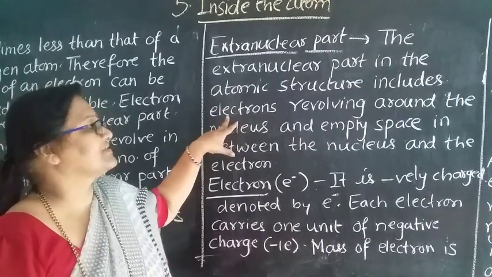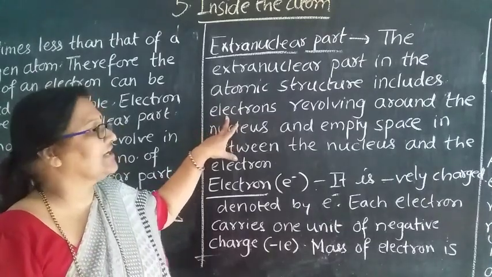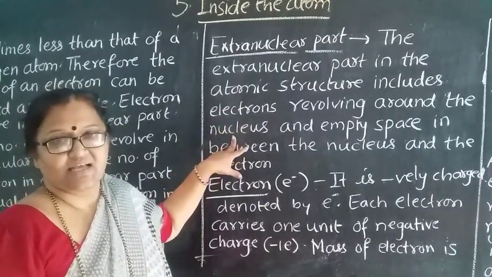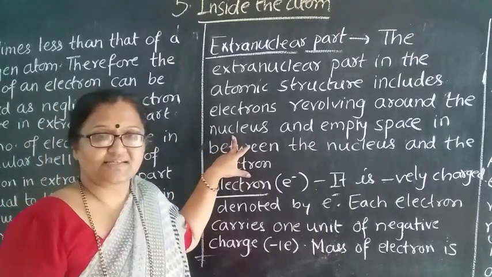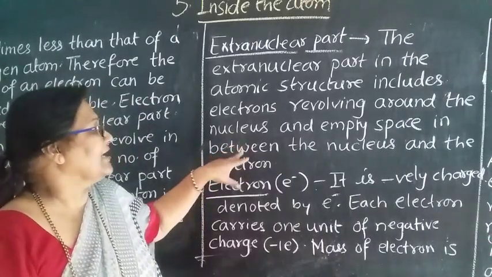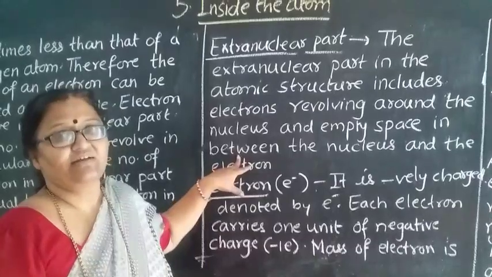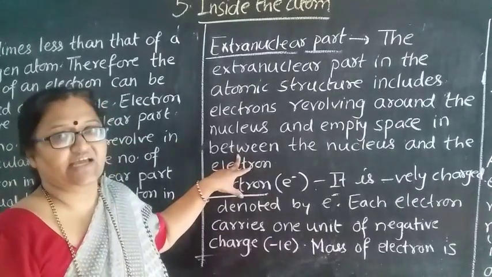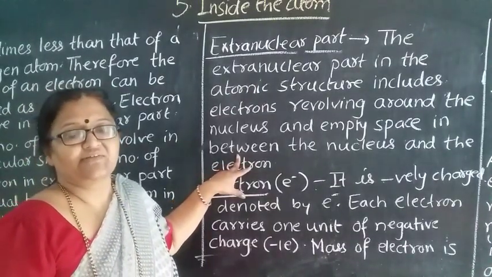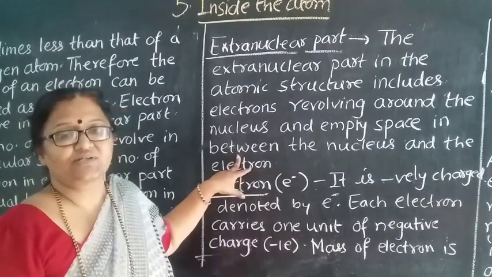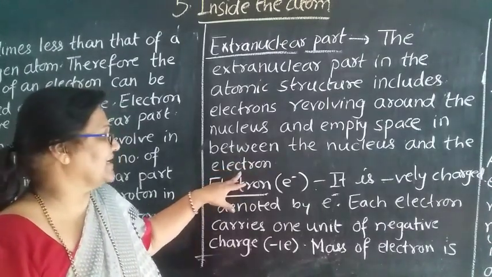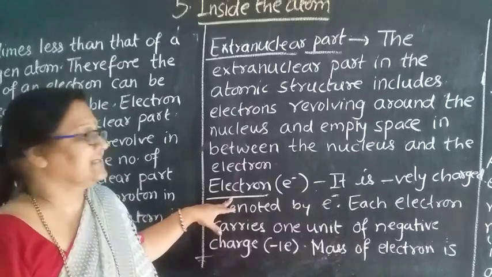It includes electrons which are revolving around the nucleus, and between the nucleus and the electrons there is empty space. Whenever we see the atomic structure, we come to know that between the nucleus and electrons there is empty space.